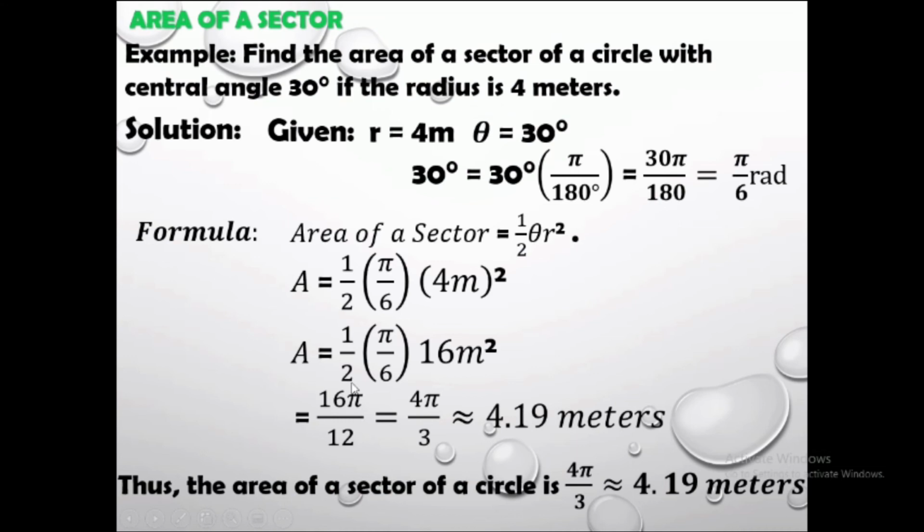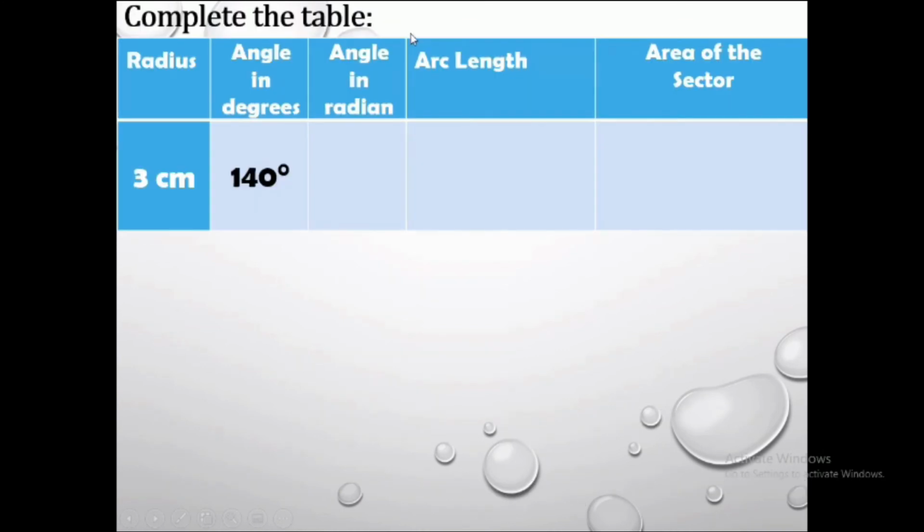Then the denominator is 2 times 6, so that is 16 pi over 12 equals 4 pi over 3. Thus, the area of the sector of a circle is 4 pi over 3, approximately 4.19 square meters.